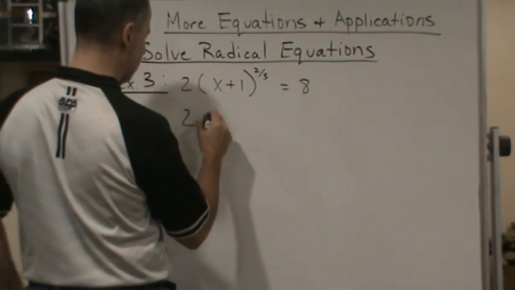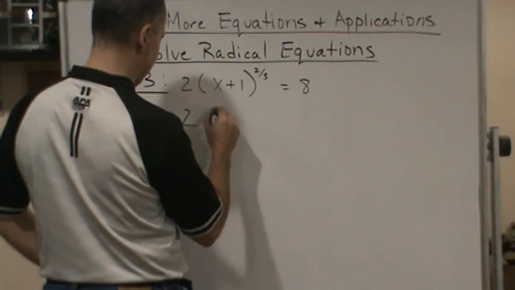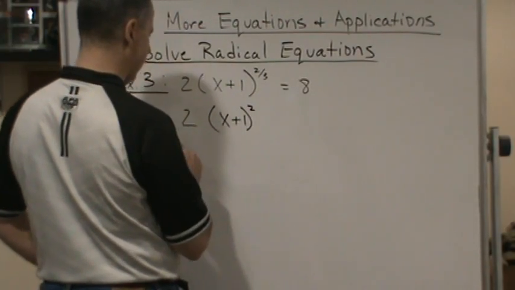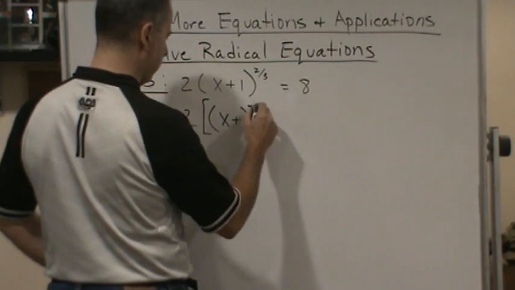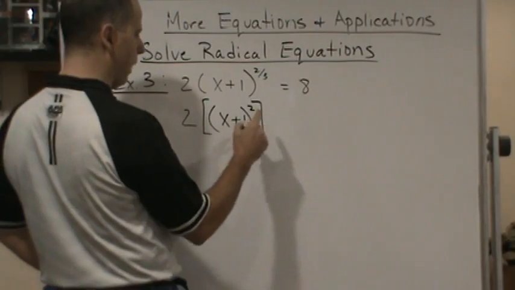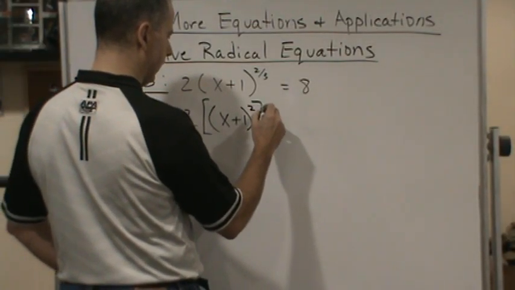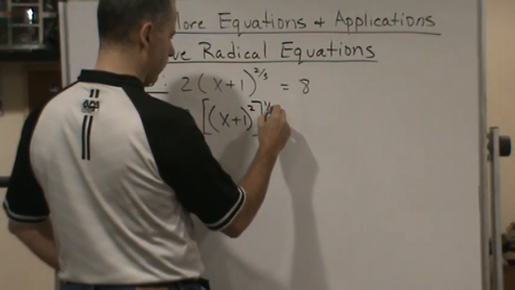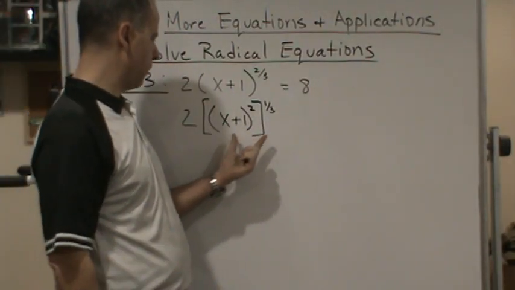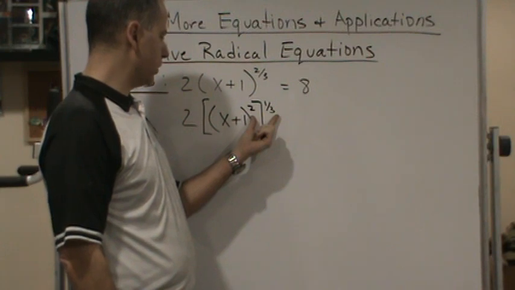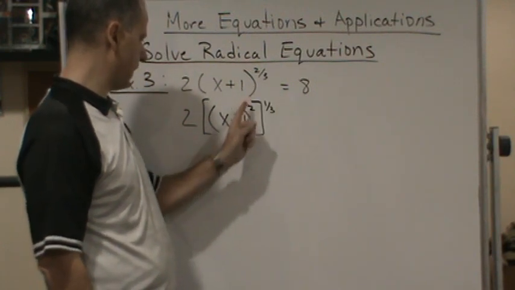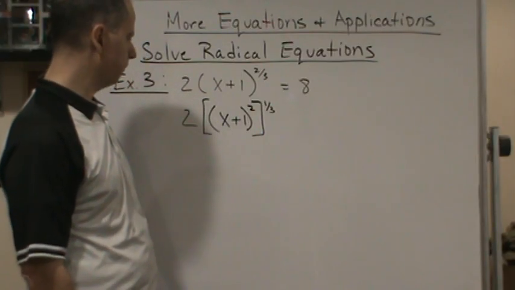So x plus 1 squared, but then we'll put another power, because again we're going to use the power of a power. So that would be 1/3. Because with a power raised to a power, all we have to do is multiply these together to get back to here. So all I did was split this up into a power to a power.